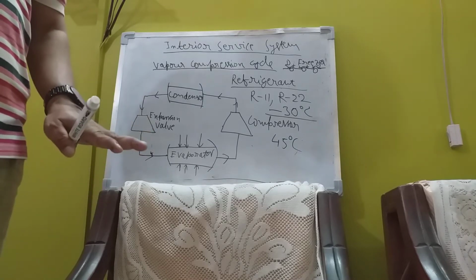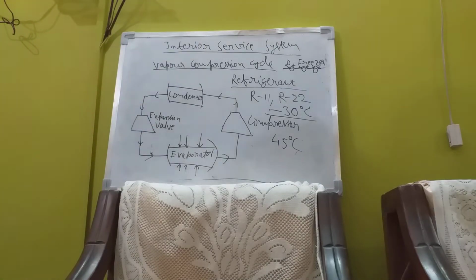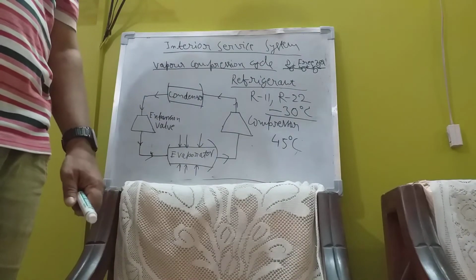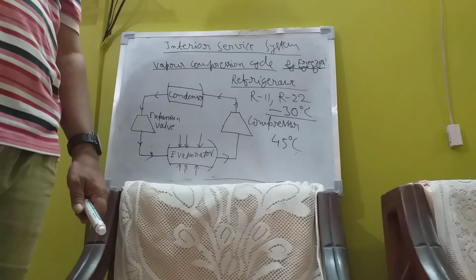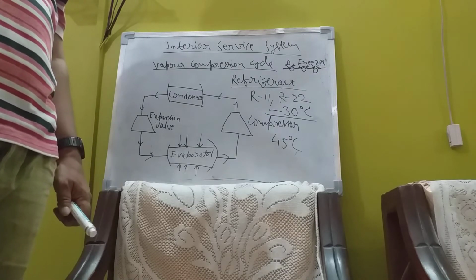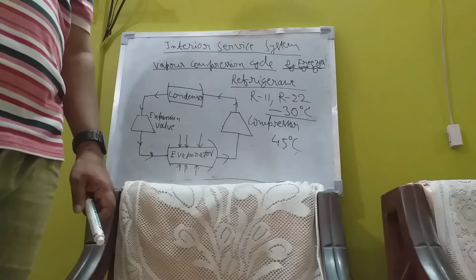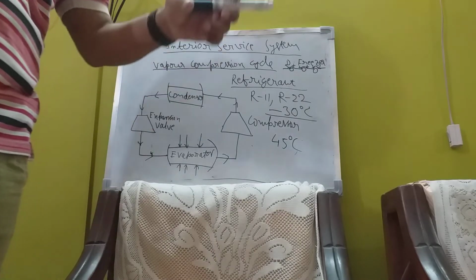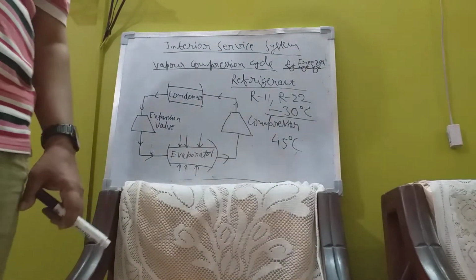What happens in the air conditioner? There is a part called the evaporator. If you open the face of the window air conditioner, the filter, you will immediately find coils, and on them there are small metal plates called fins. Through these coils, refrigerant is passing.